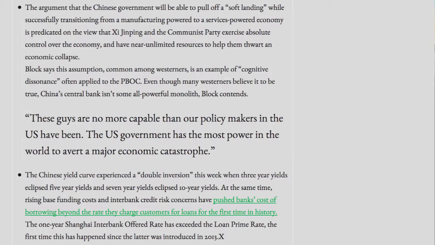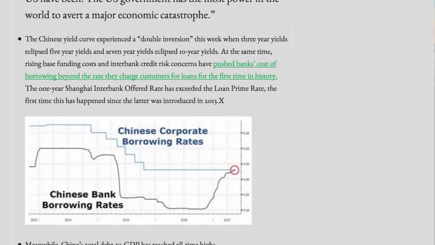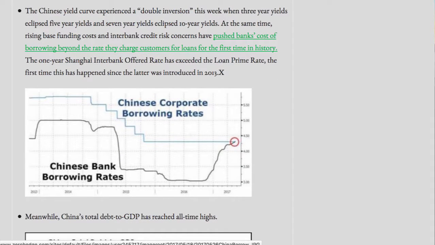Quote, "These guys are no more capable than our policymakers in the U.S. have been. The U.S. government has the most power in the world to avert a major economic catastrophe." End quote. The Chinese yield curve experienced a double inversion this week when 3-year yields eclipsed 5-year yields and 7-year yields eclipsed 10-year yields.